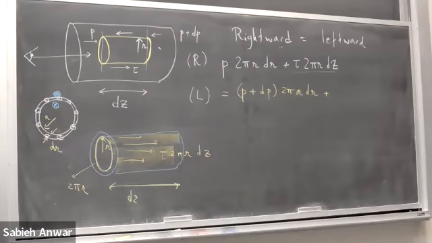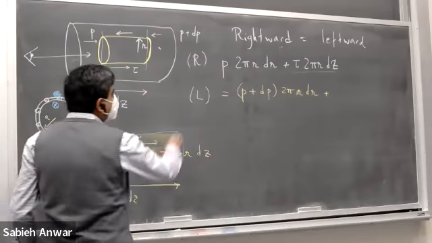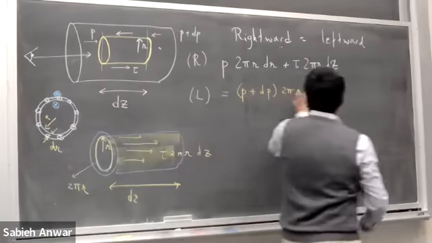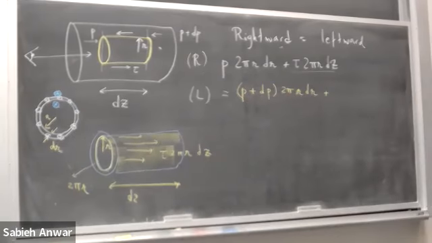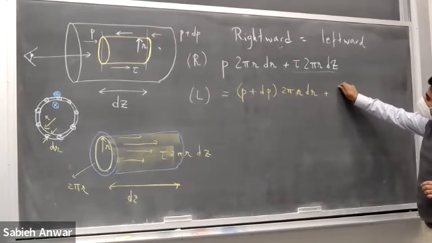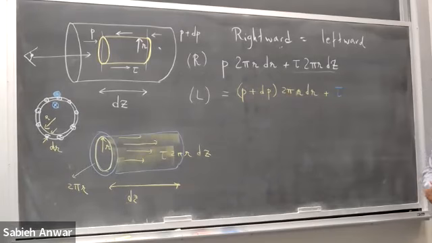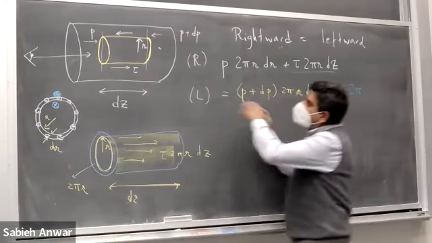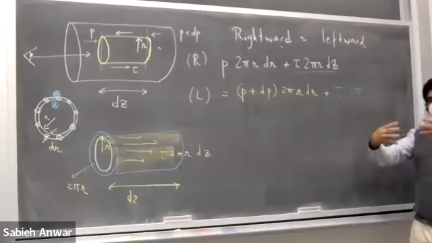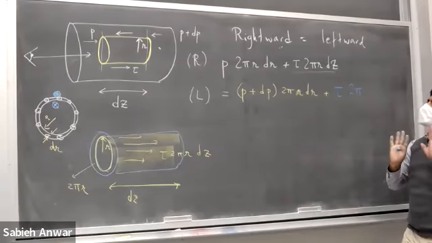All right. Now, if you look at the forces acting to the left, you have the forces due to the pressure, but you need the forces due to the shear stress as well. So the shear stress is tau, 2 pi. Now, on the outer periphery of this cylinder, the shear forces are acting towards the left.